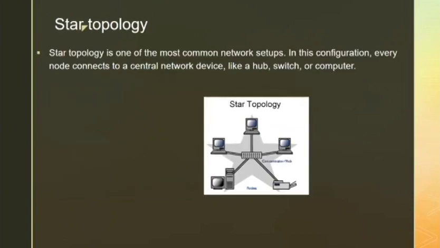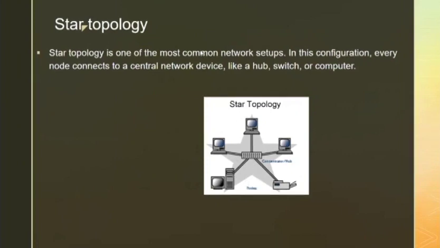Star topology. This is the most common network topology because our computer lab is also using this star topology. Here you can see the diagram. In this diagram, all computers are connected like a star.